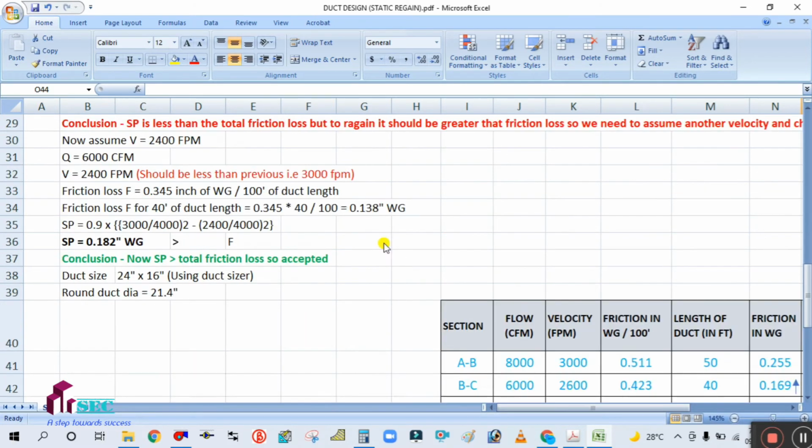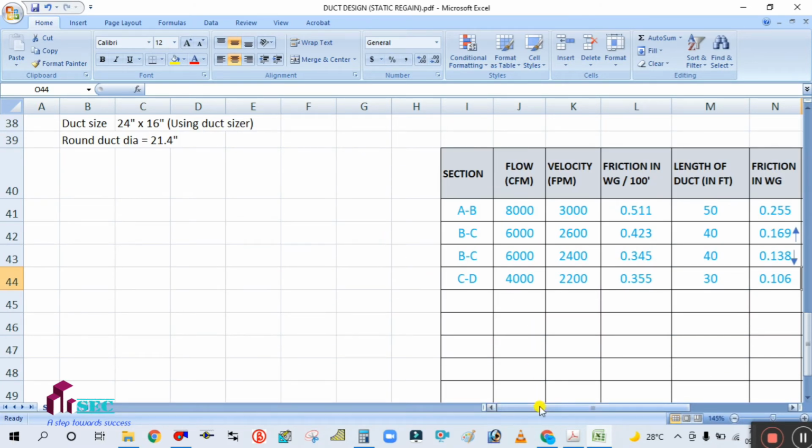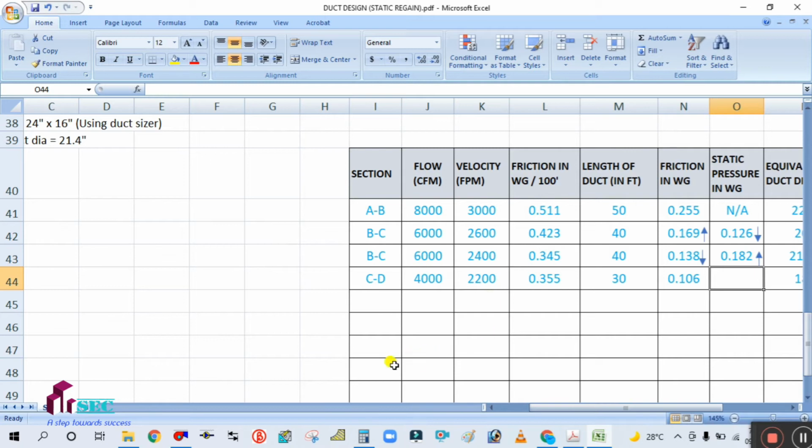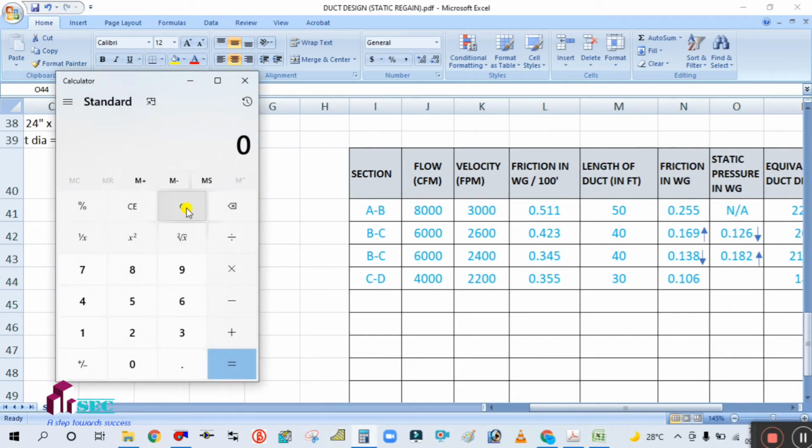V1 by 4000. So what was your V1? Here is B to C. So V1 is 2400 divided by 4000, 0.6, whole square. So 0.36. Simply this one whole square, so 0.36. Clear this value and remember.